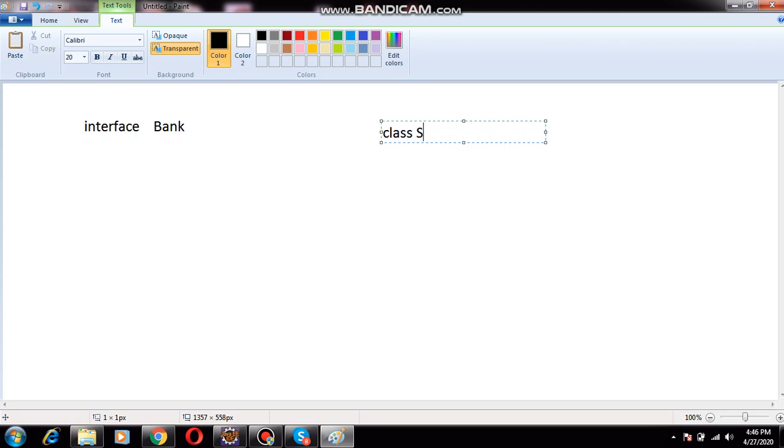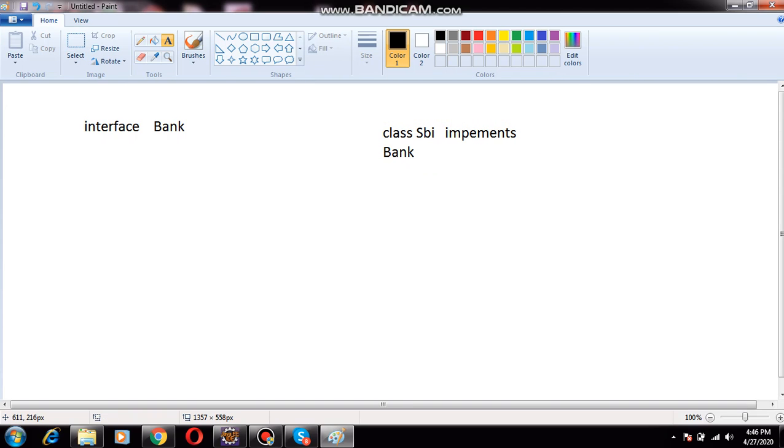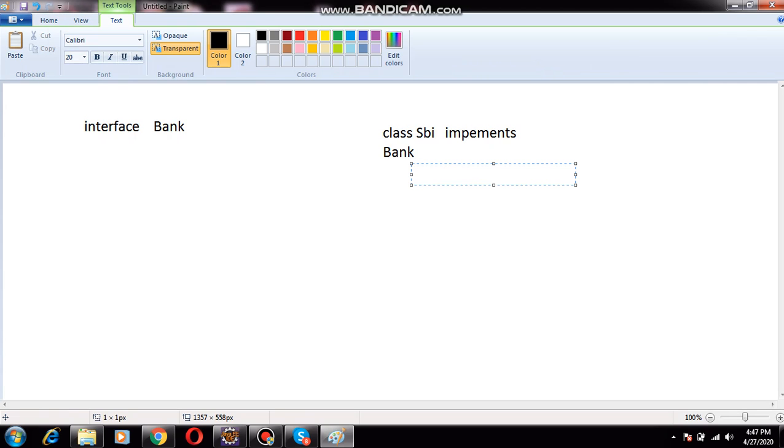If I am taking SBI, so class SBI you are using. And next you are taking implements. So SBI implements bank. Whenever you are creating the object, normally you are creating from bank to SBI. So this is the process you followed up to now.